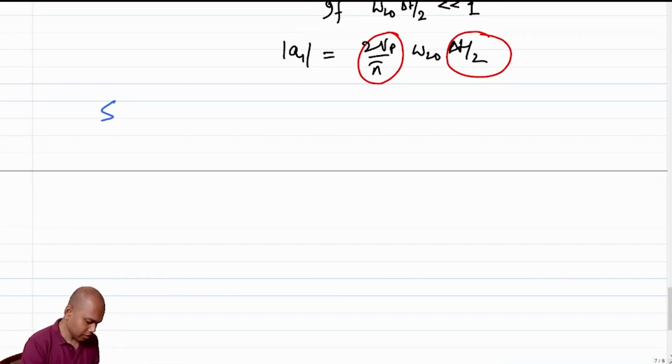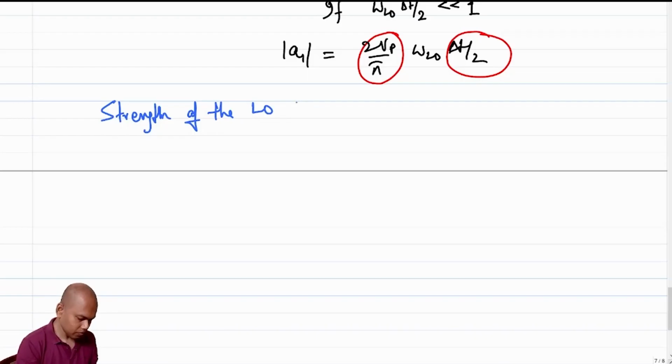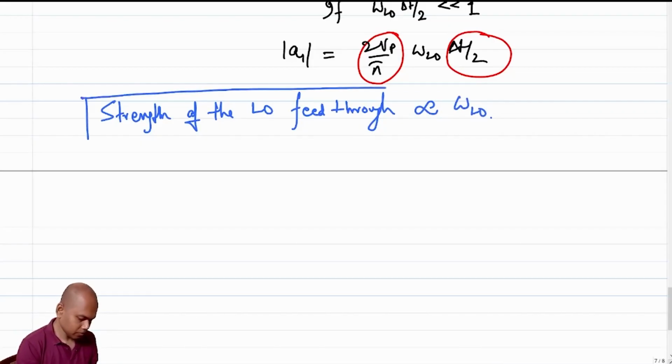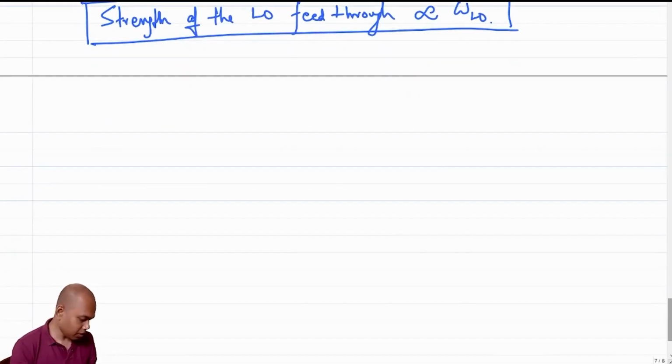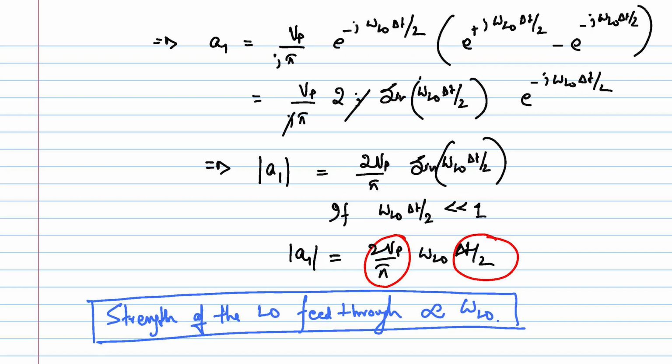The key takeaway is strength of the LO feed through is proportional to omega LO. So why is this the key takeaway? This is the key takeaway because, what is the conclusion?